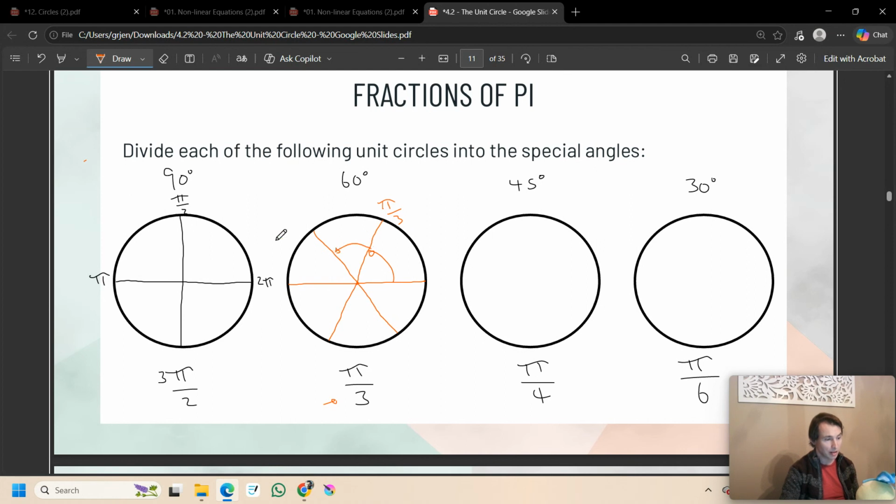This is 2 pi on 3. 3 pi on 3 would just be pi. This is 4 pi on 3. This is 5 pi on 3. And this is 6 pi on 3, or 0. It's the same. 6 pi on 3, 2 pi.